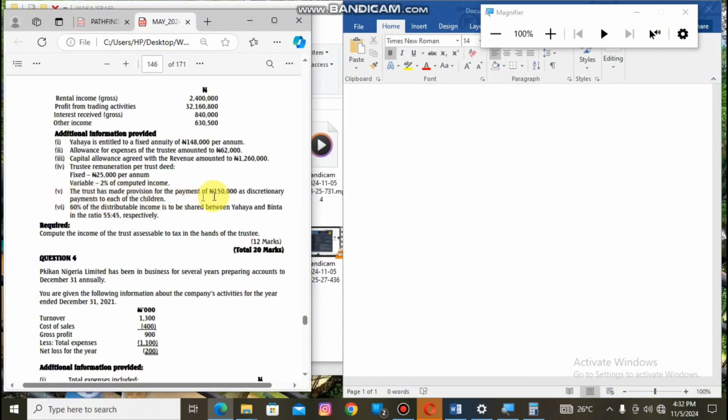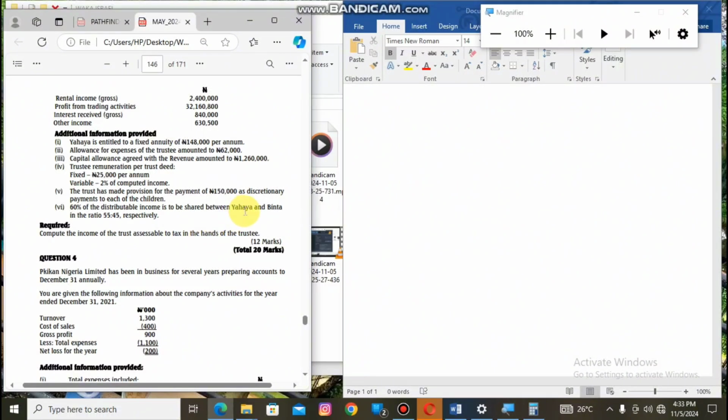The trust has made a provision of 100,000 as 60% of distributable income is to be shared between Yahya and Binta. These are the beneficiaries, in the ratio of 55:45 respectively. Compute the income of the trust assessable to tax in the hands of the trustee. So in fact, we are not told to compute the income that is due to each beneficiary.